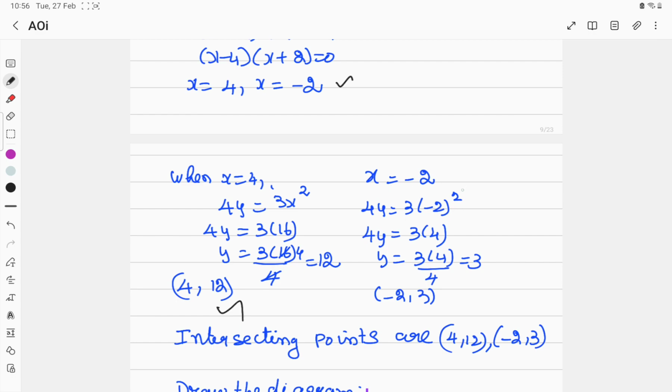When x = −2, we get y = 3. Therefore, the intersecting points are (4, 12) and (−2, 3).